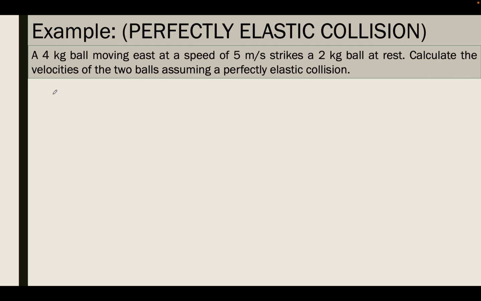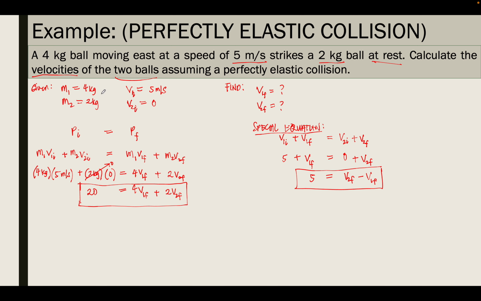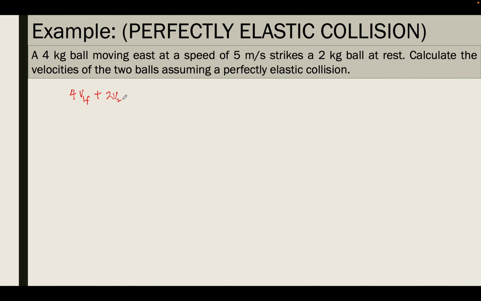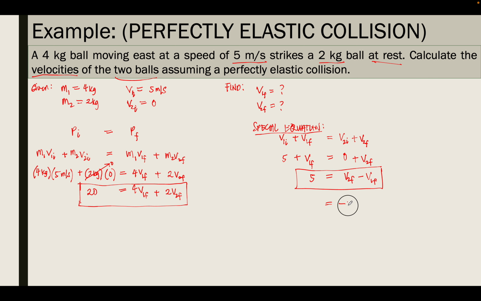Okay, so we have here 4 V1 final plus 2 V2 final is equal to 20. And on the second equation, let's rearrange this one. We have negative V1 final plus V2 final is equal to 5.